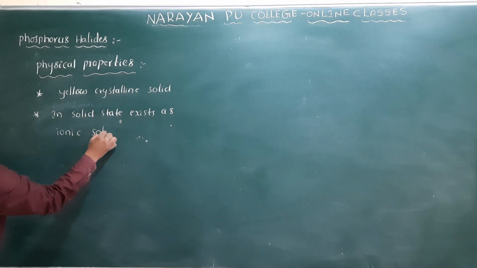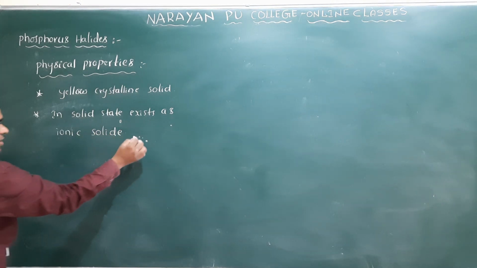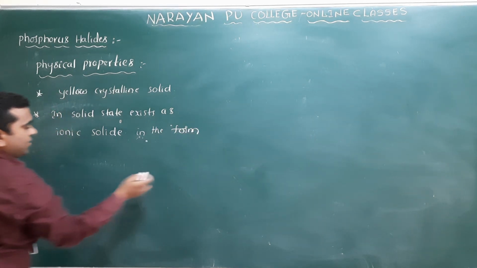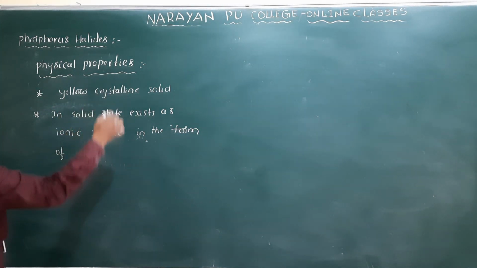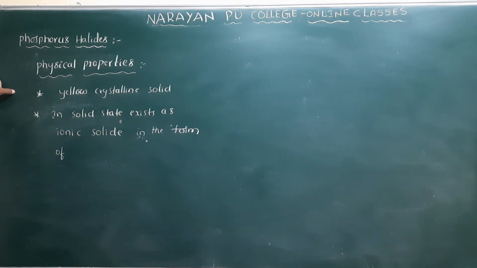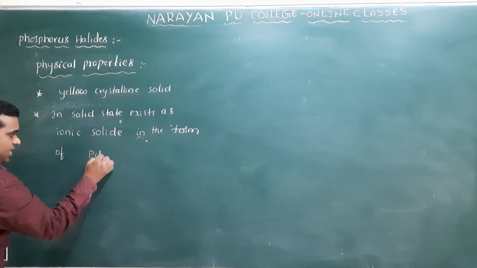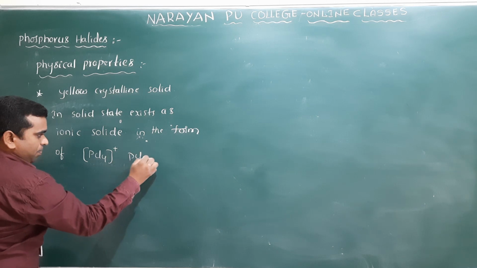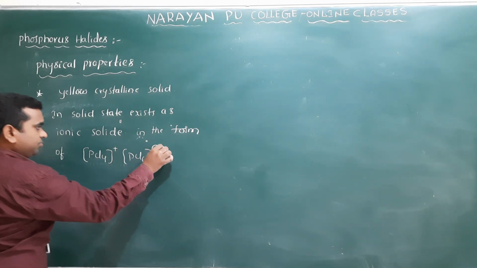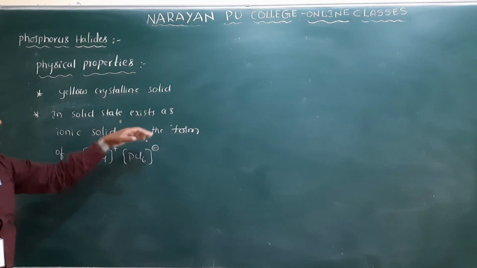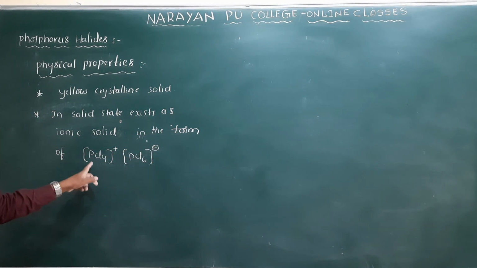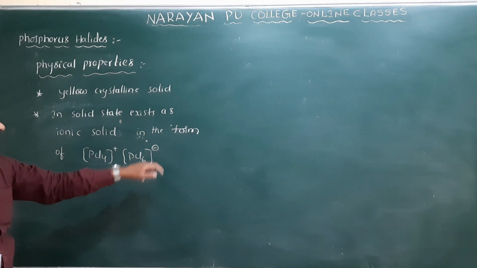I have already discussed this when we discussed the reactions towards halogens. So it exists as an ionic solid in the form of PCl4 plus and PCl6 minus.